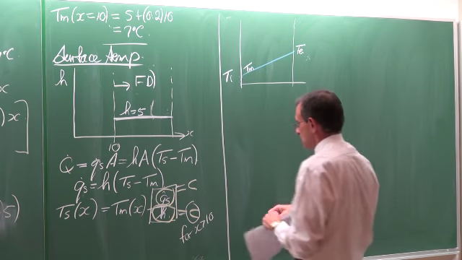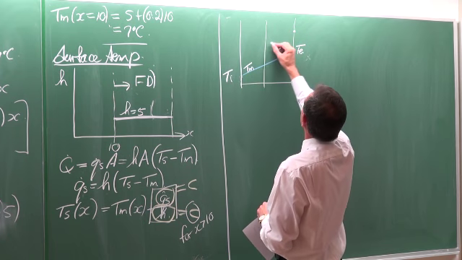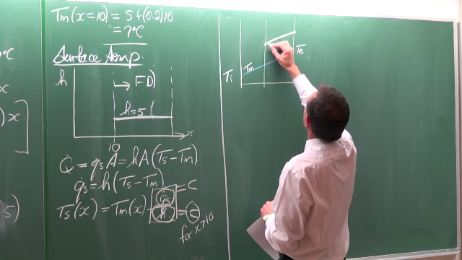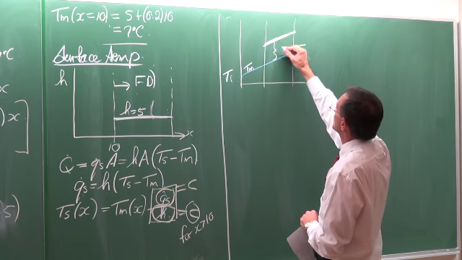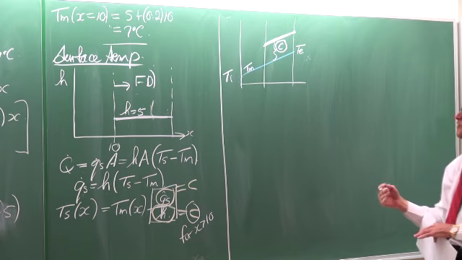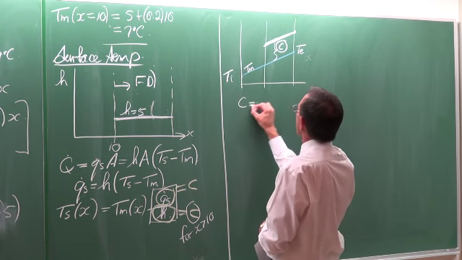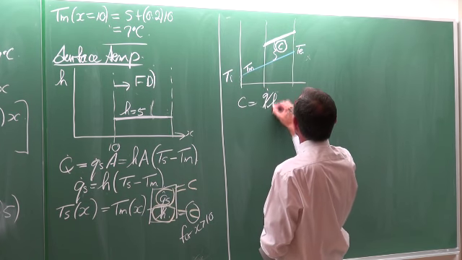Now the surface temperature is going to be that temperature there, and that difference is going to be this constant C, which is equal to the heat flux divided by the heat transfer coefficient.